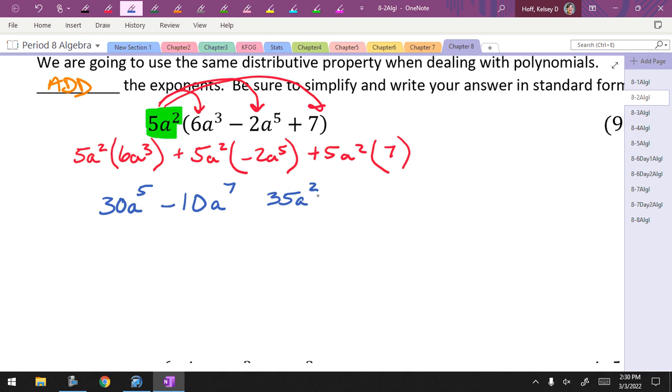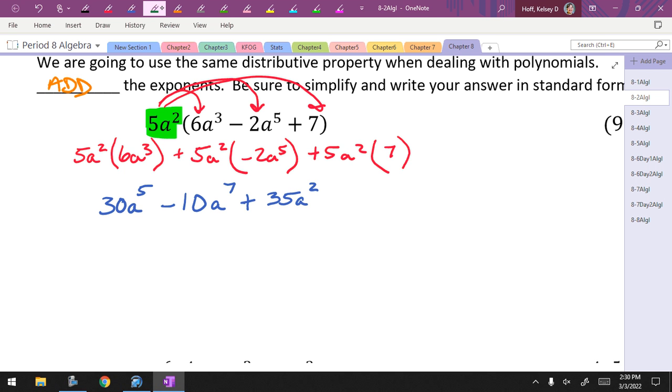The 7's exponent is 1. The a is 0. Okay, is it a positive 35 or a negative 35? Positive. The last part says, to simplify, are there any pieces that I can combine like terms? Does anybody have the same variable with the same exact exponent? And the last part is to write in standard form.